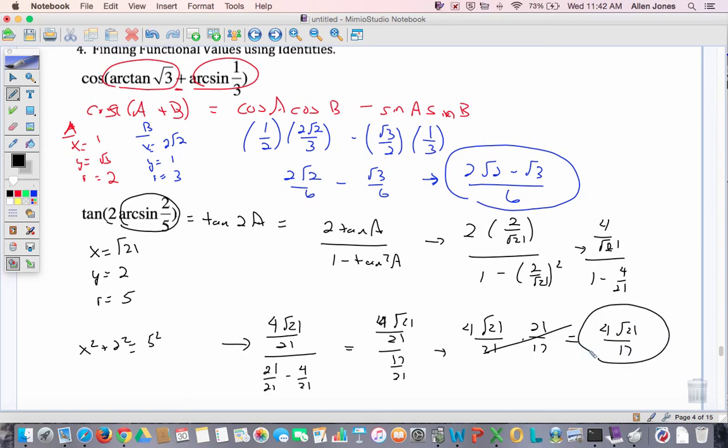I'm dividing fractions, so 4 square root of 21 over 21 times 21 over 17. The 21's cancel, and we have 4 square root of 21 over 17. Okay, so we have some work to do there with simplifying those expressions, but that is a quick look at the first section in chapter 6.